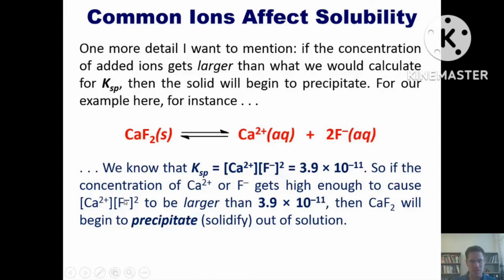Ka you can write because HX is acid, hence Ka is equal to, how will you write? The general expression: molar concentration of hydrogen ion into molar concentration of X ion divided by molar concentration of HX. Then cross multiplication if you do, or don't do cross multiplication, you only have to separate it.